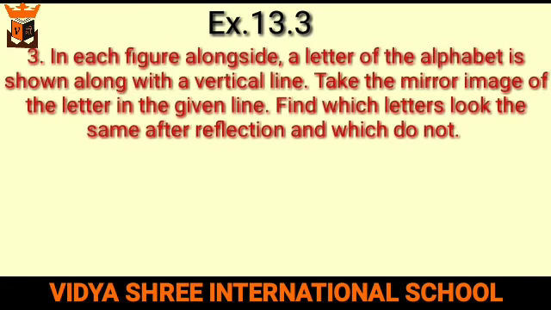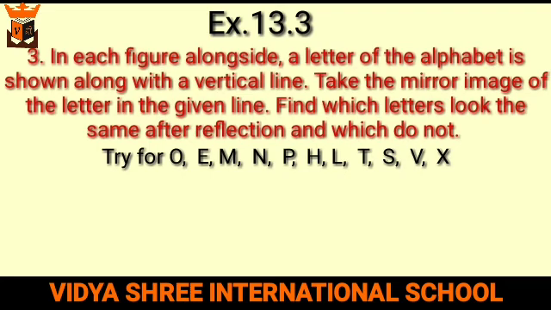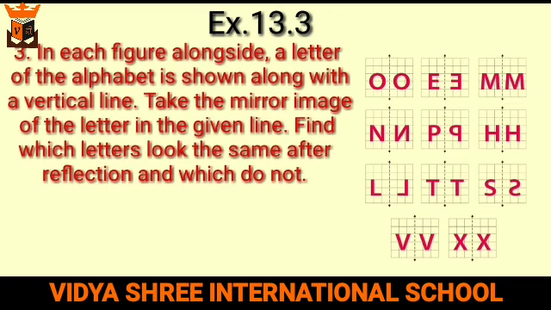Question number 3 is, in each figure alongside, a letter of the alphabet is shown along with a vertical line. Take the mirror image of the letter in the given line. Find which letters look the same after reflection and which do not. Try for the alphabets O, E, M, N, P, H, L, T, S, V and X. The mirror images of these figures are as follows.